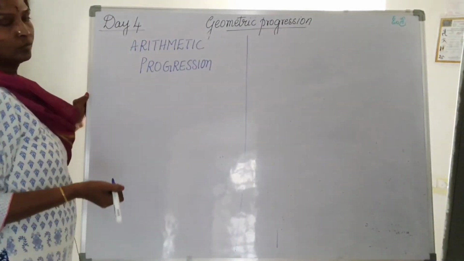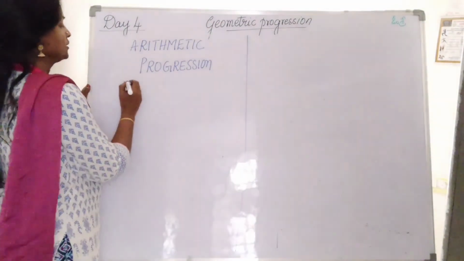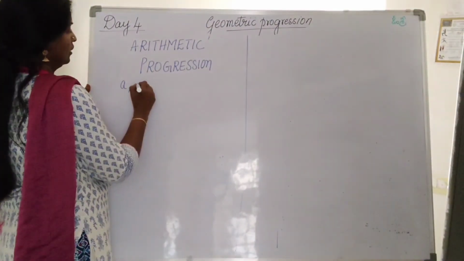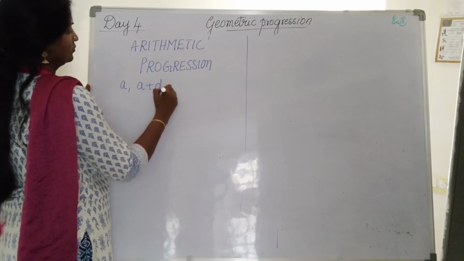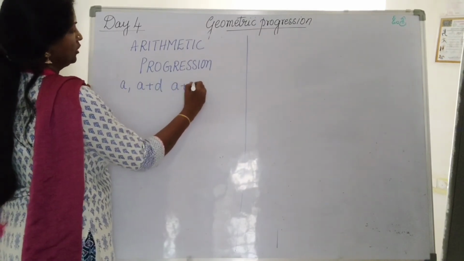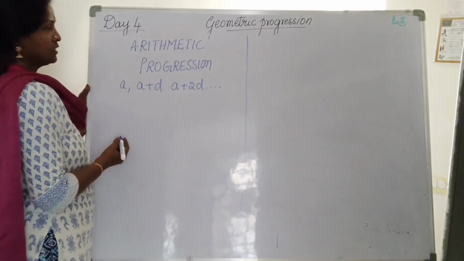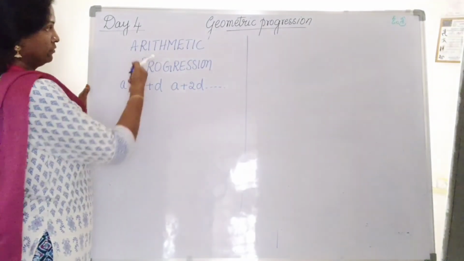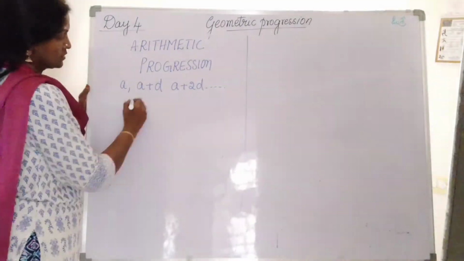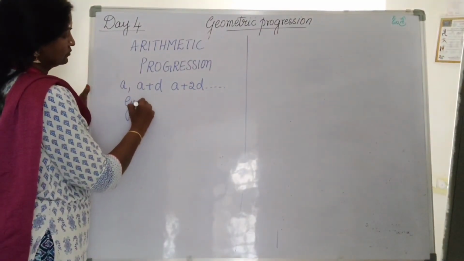So here what all we learned: general form A, A plus D, A plus 2D, and so on.